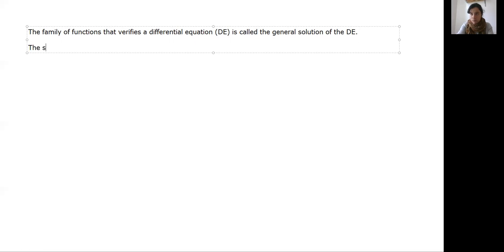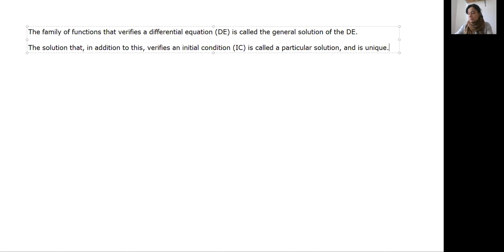The solution that in addition to this verifies an initial condition is called a particular solution and is unique.